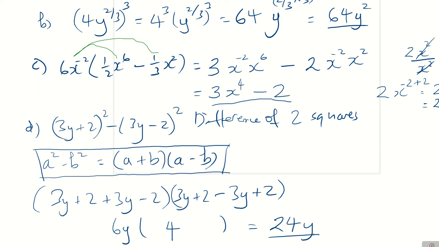Now you could have also done this one, of course, by expanding out both of those brackets and then subtracting the second expansion from the first. If you do that, it should give you the same answer, but it'll just take a bit longer.